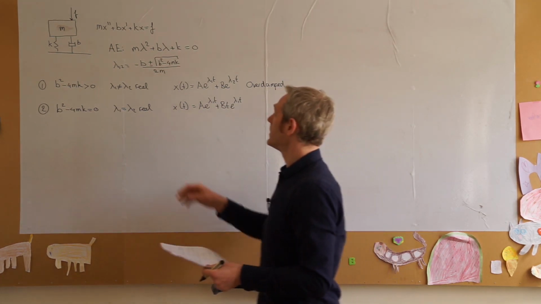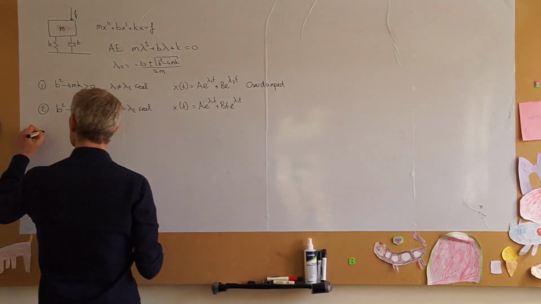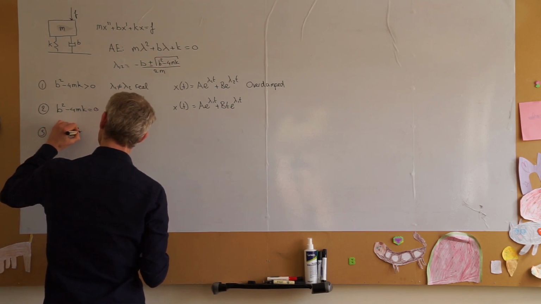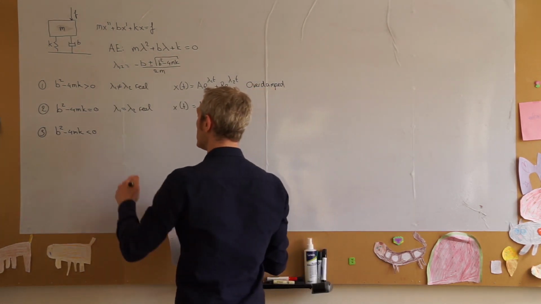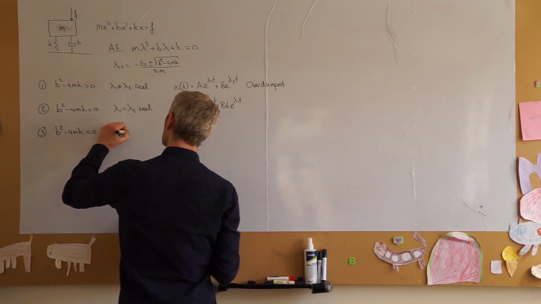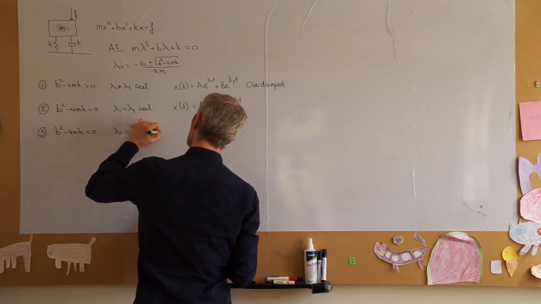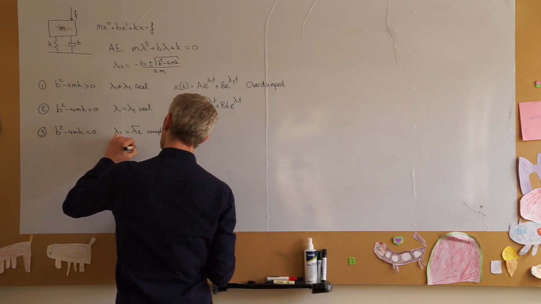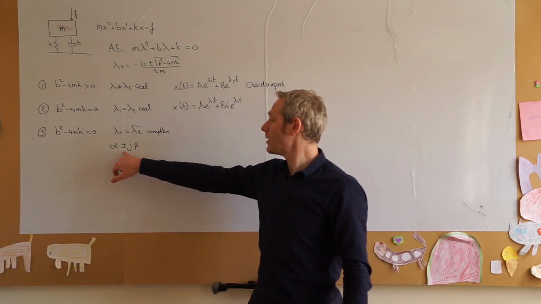Now the next situation is where b squared minus 4mk is smaller than 0, and then we get two complex numbers where lambda 1 is the complex conjugate of lambda 2, and we can write them as alpha plus or minus j times beta, and they're always going to be each other's complex conjugate because the difference is only a plus or a minus sign here.